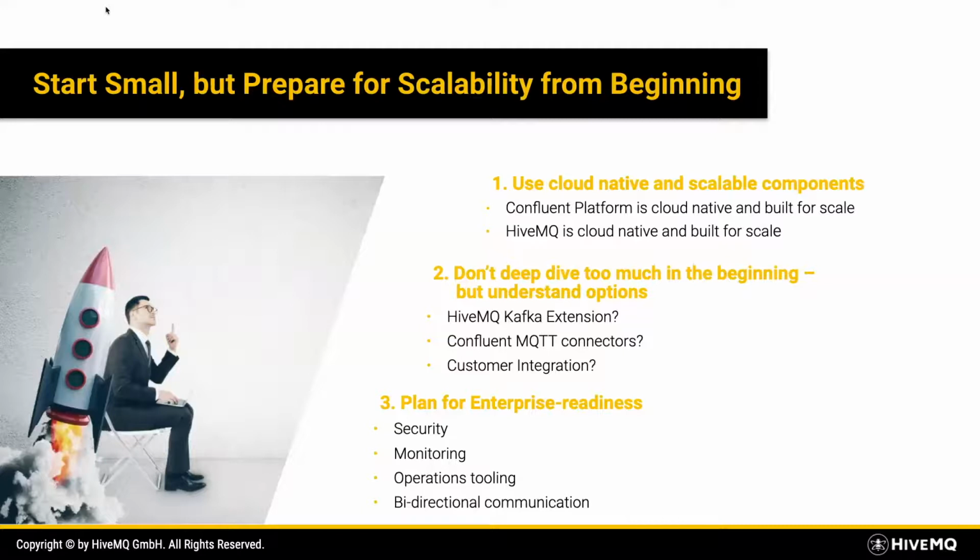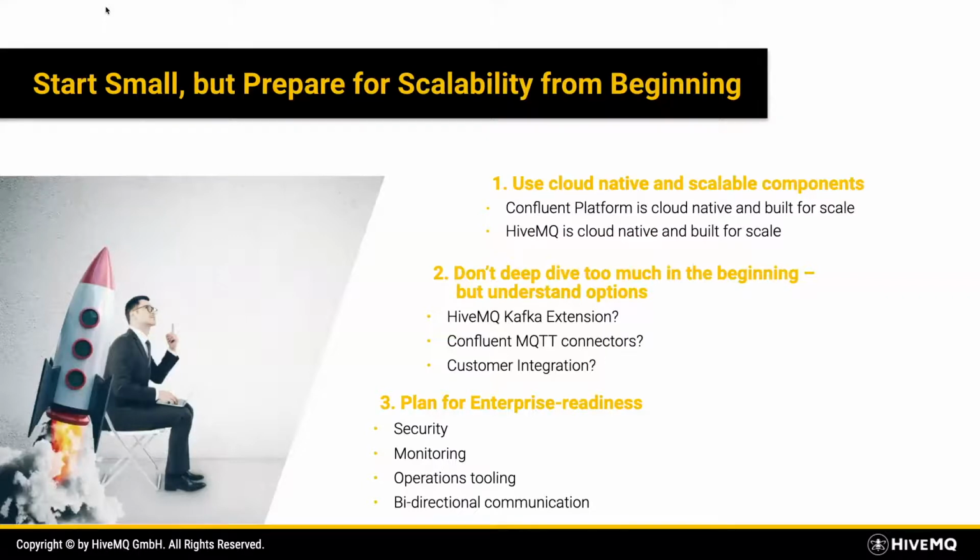Now, if you get started, you will notice there are multiple options to connect MQTT and Kafka. Certainly, the HiveMQ Kafka extension is not the only one. There's also a Confluent MQTT connector, or you could even build a custom integration. We will shortly look at the advantages and disadvantages of different solutions here.